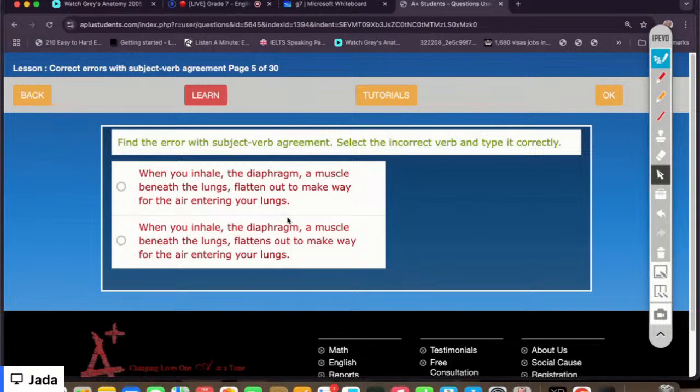When you inhale, the diaphragm or muscle beneath the lungs flatten out to make way for the air entering your lungs. So we have to check which one. So we have flatten and flattens. So what is going to be the right option here?